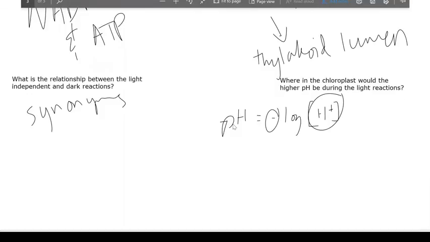In fact, the lumen becomes so acidic that it has a pH of almost 4, while the stroma is slightly basic with a pH of about 8. So the answer to this would be the stroma.